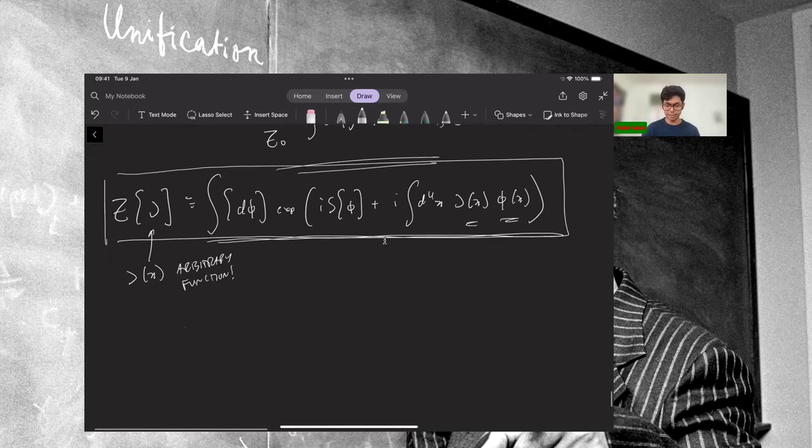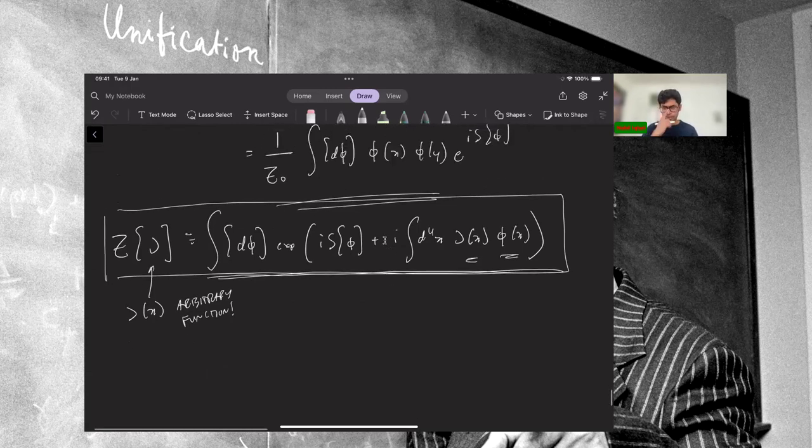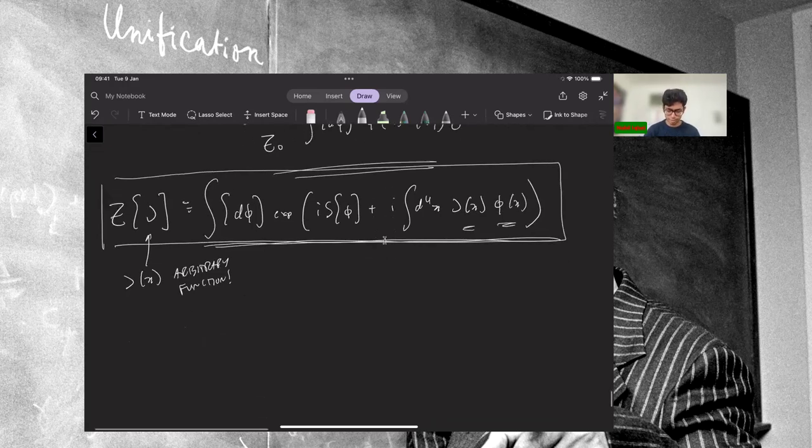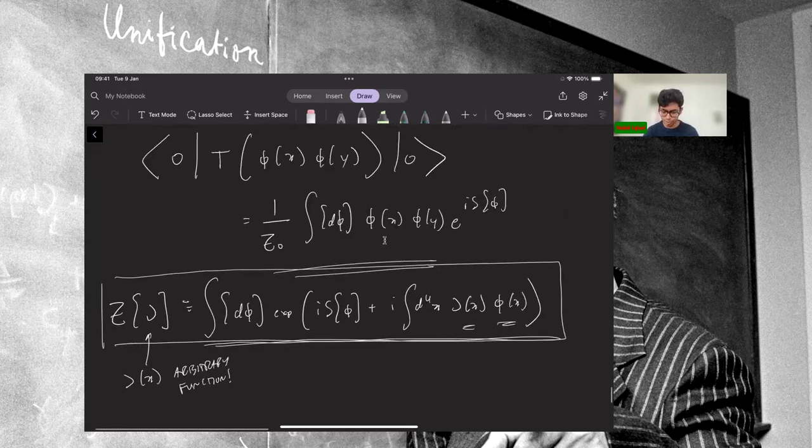Well, let's see. Notice that I introduced some technology of functional differentiation, which we can now use here. So I want to point out that this quantity here can be obtained from this in a very simple way.